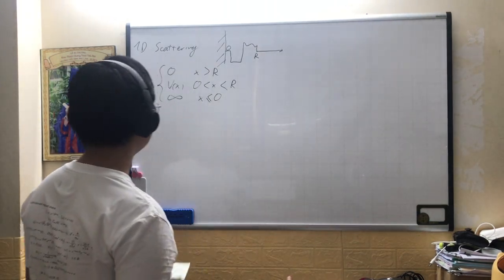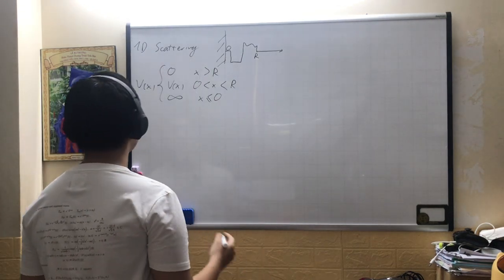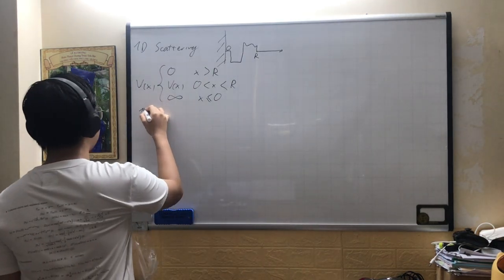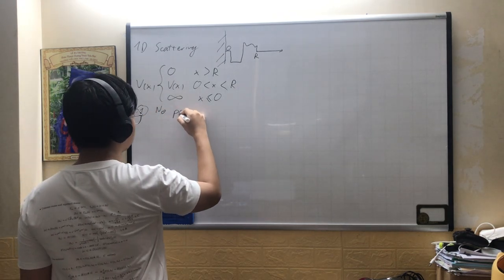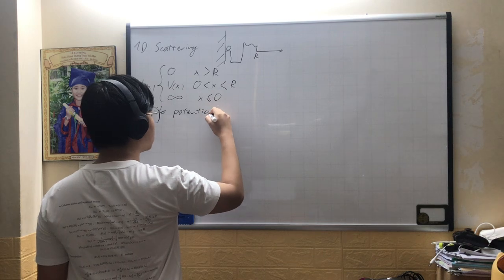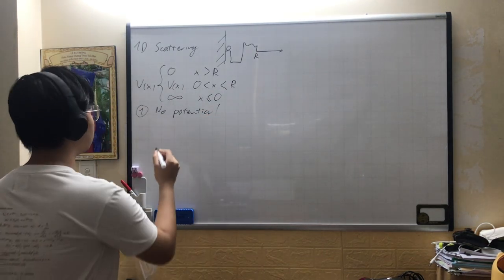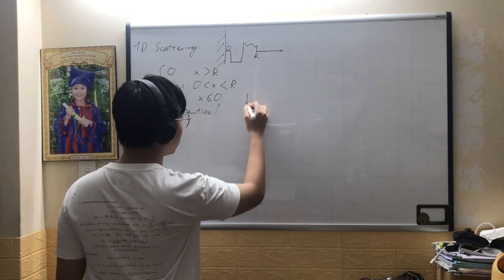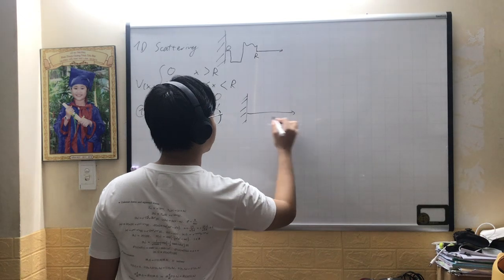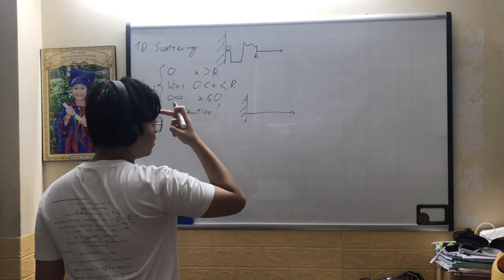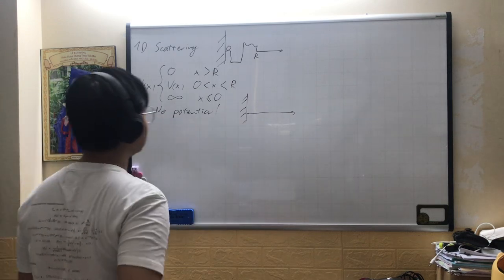Okay, so now we're gonna split this into two cases. Our first case is when there is no potential. So when you have no potential, your plot is gonna look like this: a flat line on this side and infinite potential on this side.